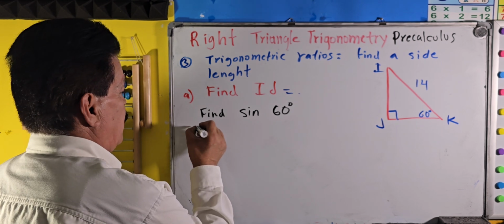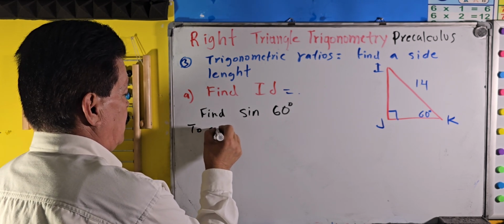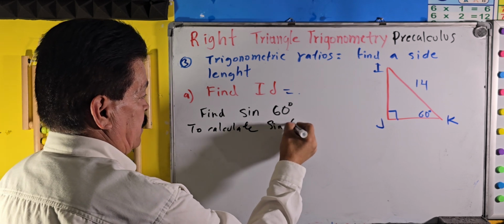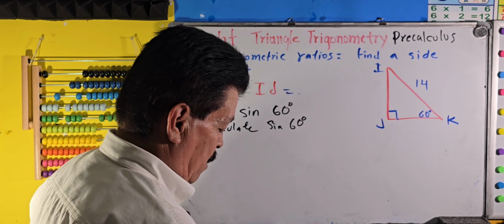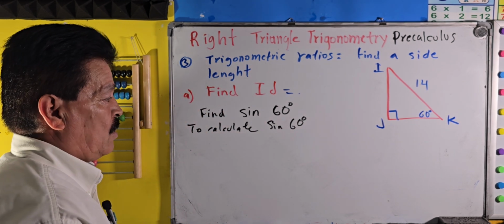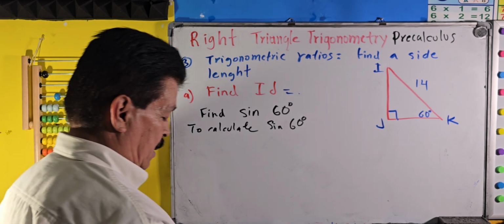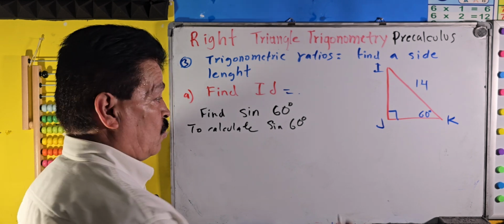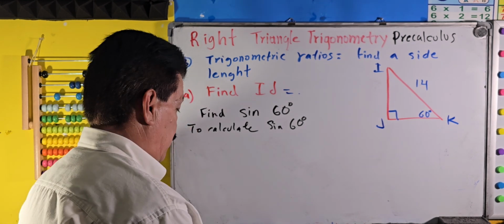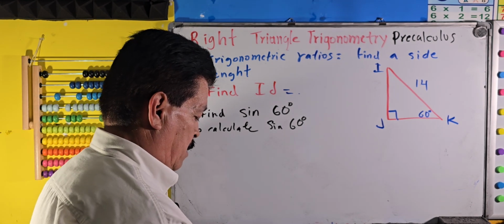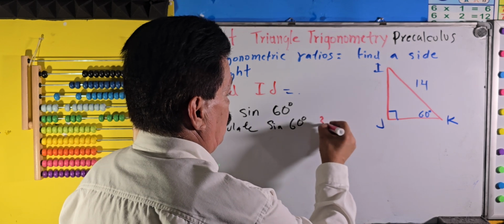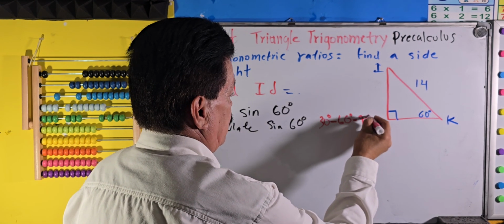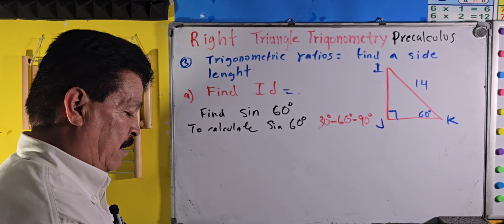So to calculate sine of 60, we have to make a picture of the special right triangle. The special right triangle has these angles: 30, 60, and 90.